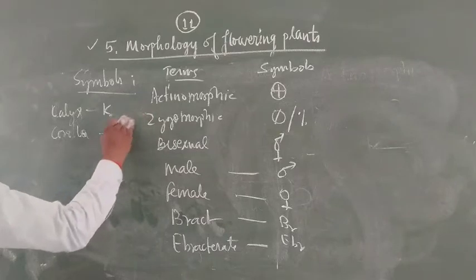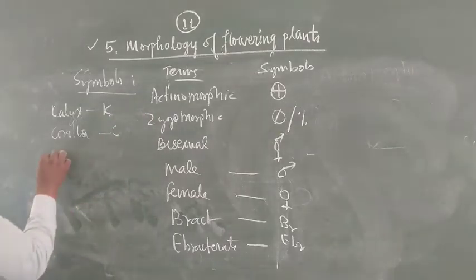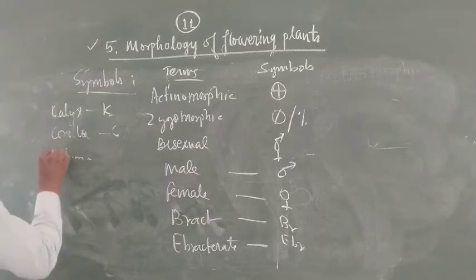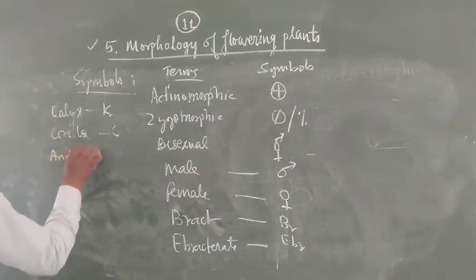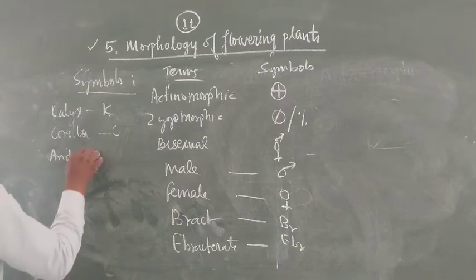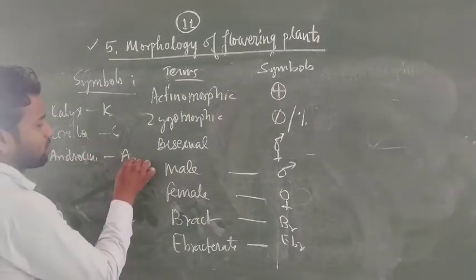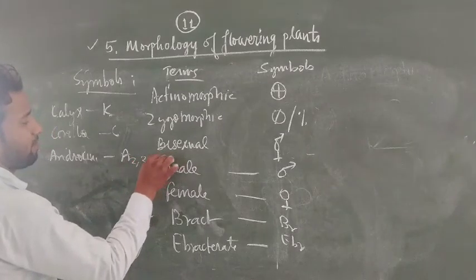Androecium is represented by A. Sometimes androecium is 2, 3, 5 or infinite.